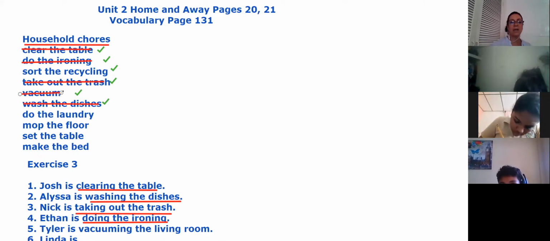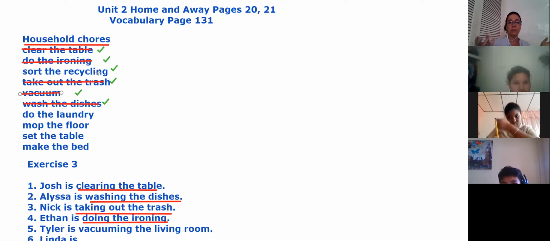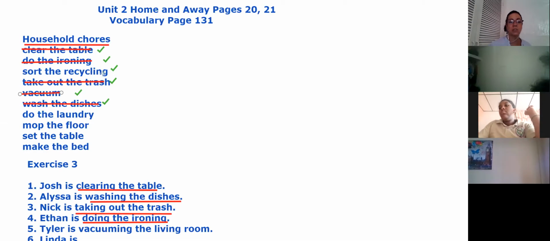So what we have left over is sort the recycling. Sorting the recycling. When you have garbage or trash, you have plastic bags, you have things that you have to separate, paper from plastics in your trash. So sort the recycling. You take out the bottles on one side, the plastics on another side, and whatever leftovers of food you put on another side.